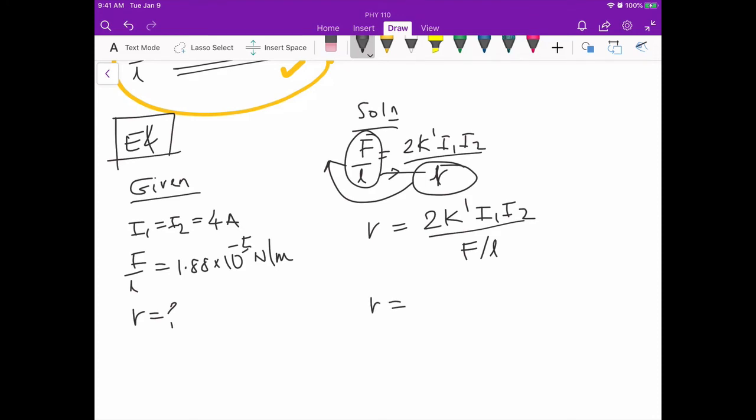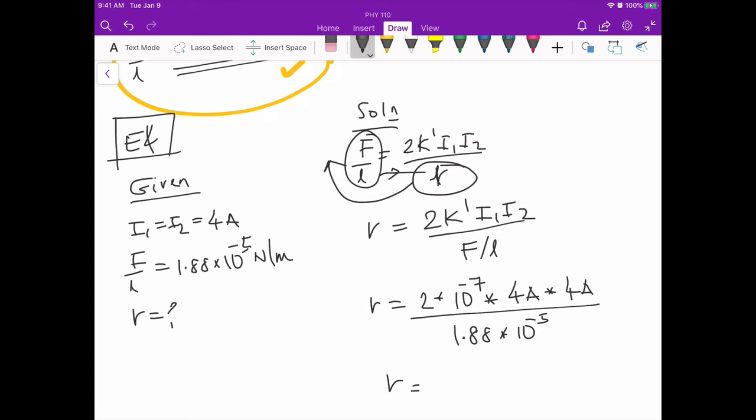Then you go ahead and substitute it. K prime is of course 10 to the power of -7. Keep every quantity in SI units as much as possible. Everything is in SI units, so you don't need to worry about unit conversion. Then your force per length is 1.88 times 10 to the power of -5.